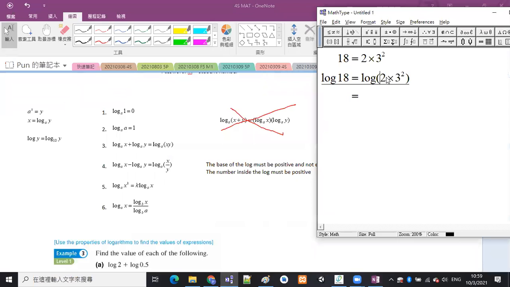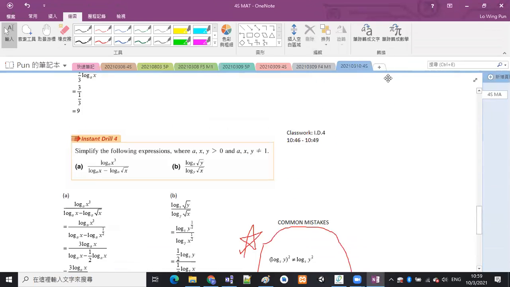Log x is 2, and then y is 3 squared. And then we will expand this to be a sum of 2 logs. First of all, this log is base 10, okay? So it is log 2 plus log 3 squared. Can you get this?